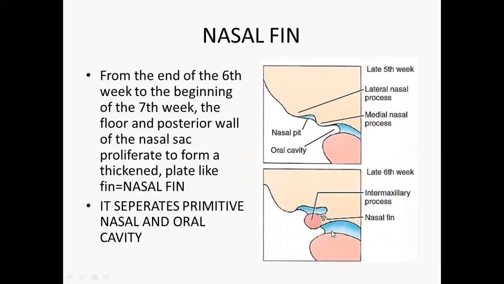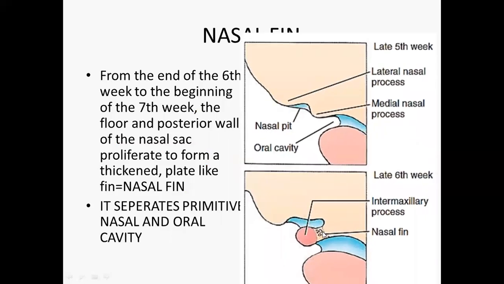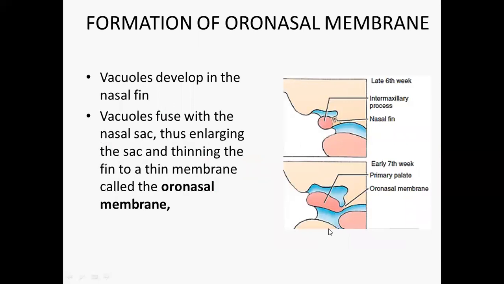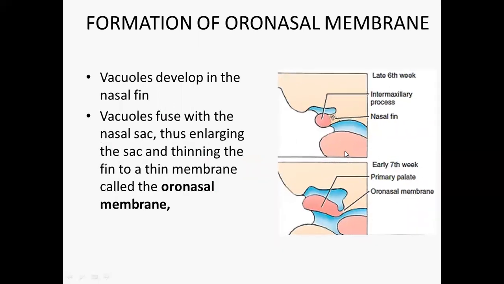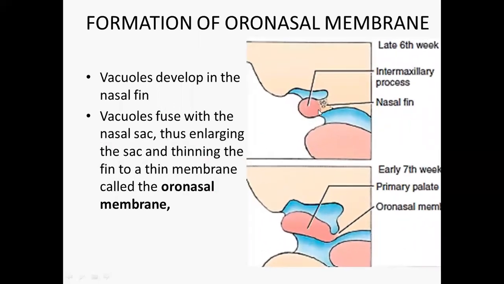Then small vacuoles start appearing in this nasal fin. When the vacuoles develop in the nasal fin, they start merging with each other, and finally these vacuoles are taken up into the nasal sac, thereby expanding our nasal cavity.